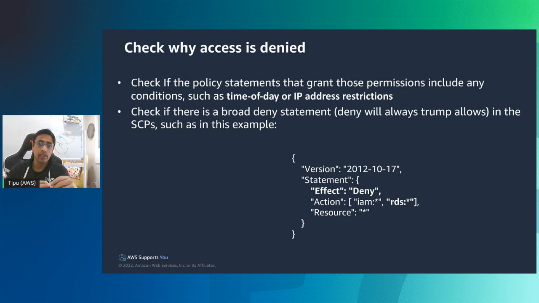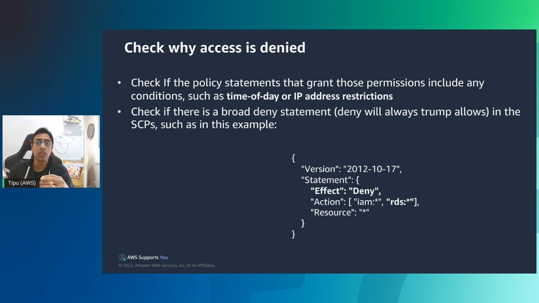And then lastly, SCPs, which are taking effect at the organization level, you have to ensure that they're not denying a broad set of actions that could be causing this unintended permission denied, because the deny will always trump allows. As you can see in this example over here, there is a deny on all IAM and RDS actions.